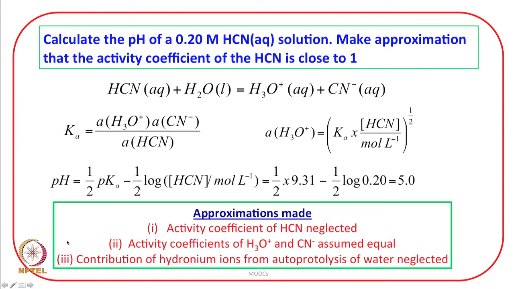So, that is why it is important to keep in mind the approximations made, because if we are interested in doing very accurate calculations, we cannot ignore the values of activity coefficients, because after all we are dealing with ionic solutions over here. So, in this lecture we discussed a very important concept of pH. pH is defined as the negative logarithm of hydronium ion activity, and this definition must be remembered.